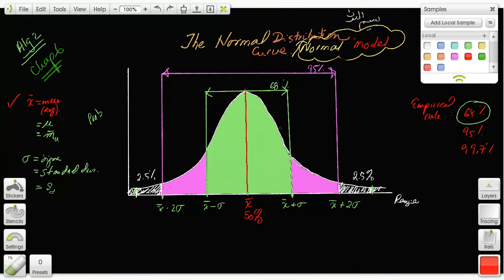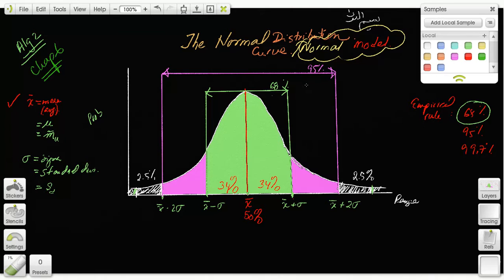If 68% of the data is included within one standard deviation, that means 34%, half of 68%, is over here, and the other 34% is over here. So 34% of the data is in this slice, so to speak, and the other 34% is in this slice.